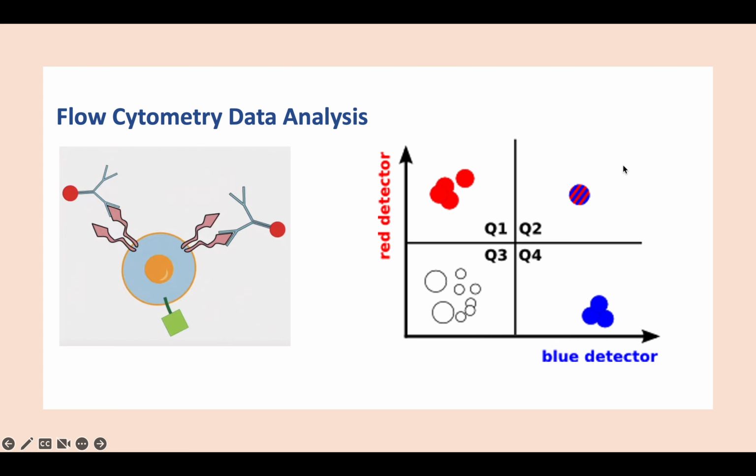Whereas the population in Q3 are called double negatives because they're not expressing either of the fluorescence, right? No red fluorescent, no blue fluorescent protein. So this is also one way that you can analyze your data and get an idea of what percentage of your cells in your entire population is expressing a certain kind of protein, right?